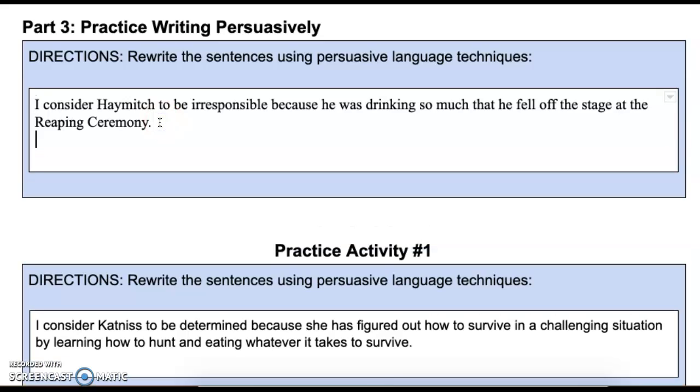I remember from the last lesson that I want to sound really confident. So I'm going to get rid of "I consider," and I'll rewrite it saying, "Hamish is irresponsible." And now I'll just copy and paste the rest of the sentence.